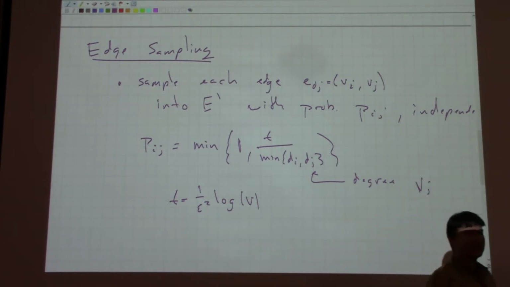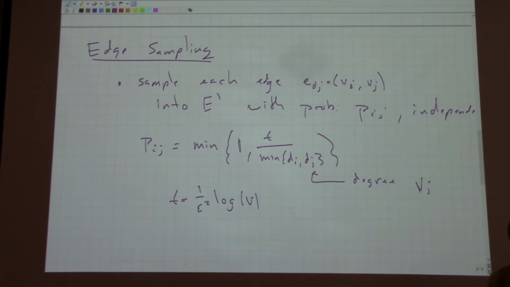Let's say t is going to be like 5. I want on average every vertex to have 5 edges. If the vertex has fewer than 5 edges, then I always keep all of its edges. The reason for this is if it becomes disconnected, then it may really change the structure of the graph. If it has a small number of edges, these edges are going to be very, very important.